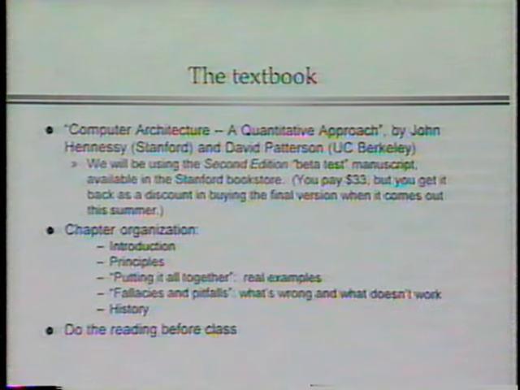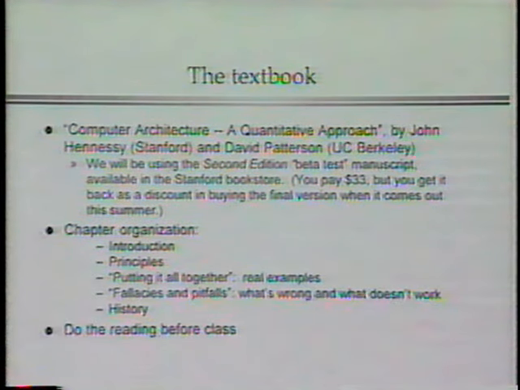The section after that is the fallacies and pitfalls section, which is fun reading because it tells about the things that don't work and the assumptions that people make about how to build computers, and give examples that are sometimes embarrassing to the computer industry as a whole, and I guess also to individuals who were responsible for things that they had high hopes for that didn't work, or various fiascos.